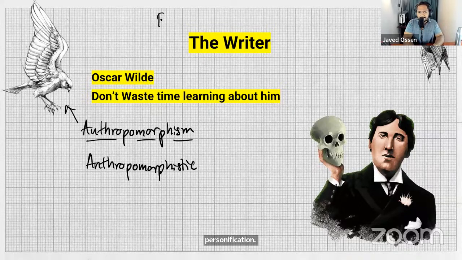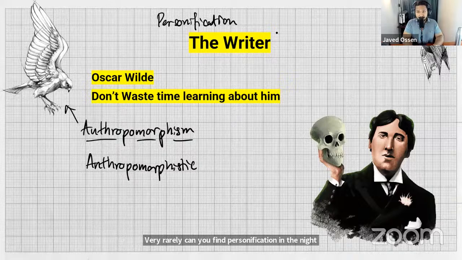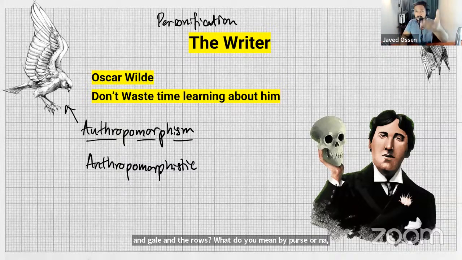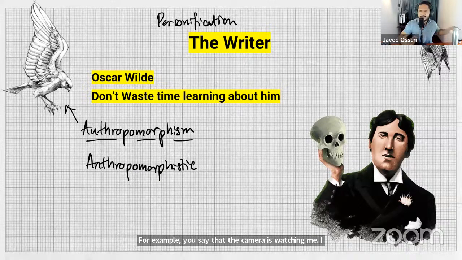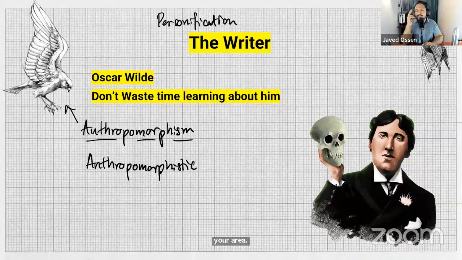What do you mean by personification? Personification means you are giving human qualities to a non-human thing. For example, you say that the camera is watching me. I am kissing the bottle. These days it's raining, right? In your area, in my area, it's really cold. And you guys know that personification can be used in any situation.